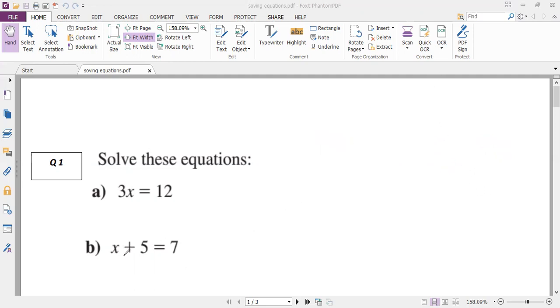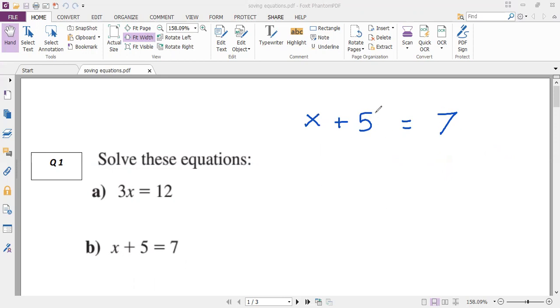I have x plus 5 equals 7, the second one. And I want to get x. So let's analyze it. The left hand side is x plus 5 and the right hand side is 7. And I want to get x. So to get x, just try to get rid of 5.